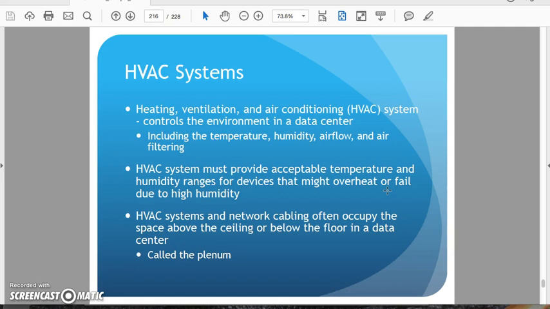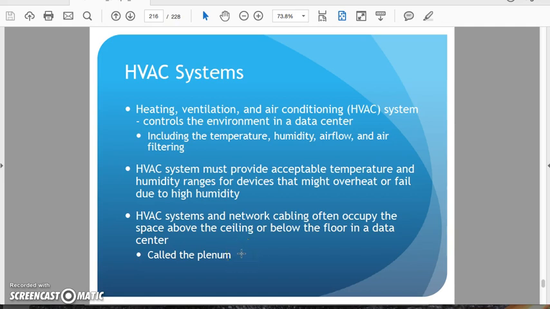HVAC systems, heating, ventilation, air conditioning, you'll be dealing with these because you'll need to have these for keeping networking closets cool, server rooms cool, and your HVAC systems are there to move air through, but also keep the temperature regulated, keep the humidity regulated, and all those kinds of things. You're also going to be dealing with spaces above ceilings. Those are typically called plenums. That's oftentimes where your network cabling is run.